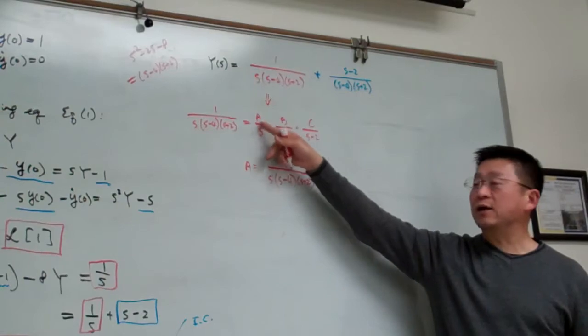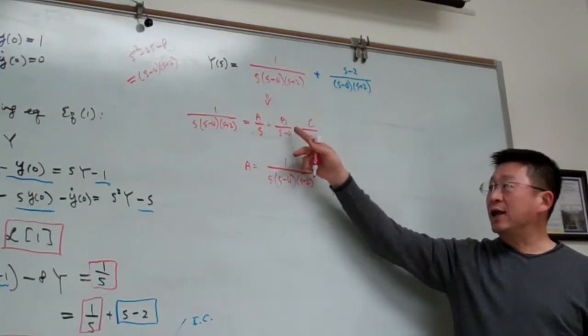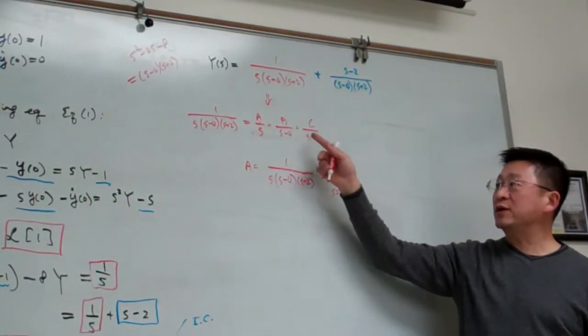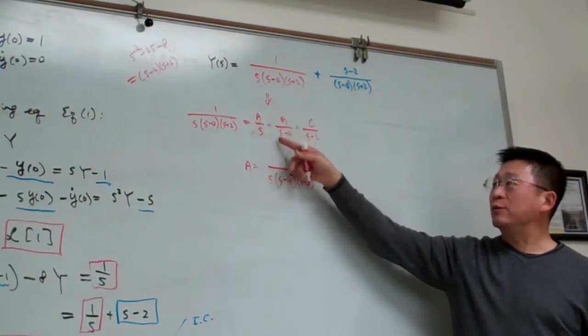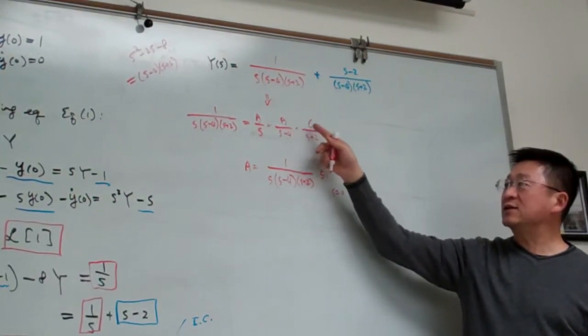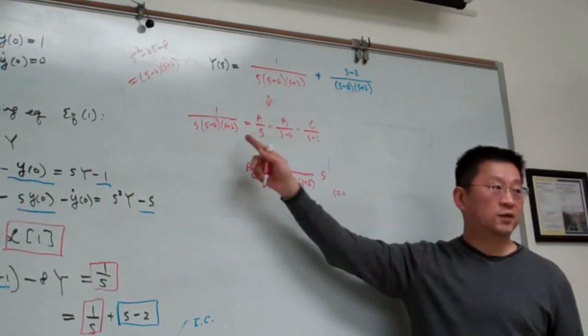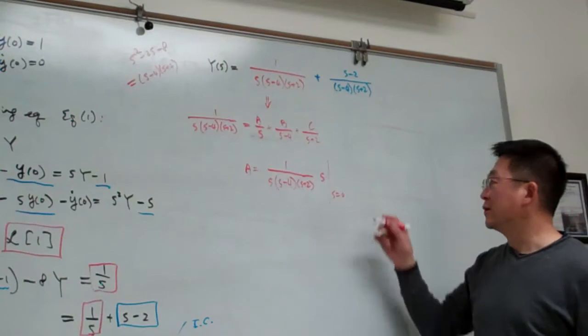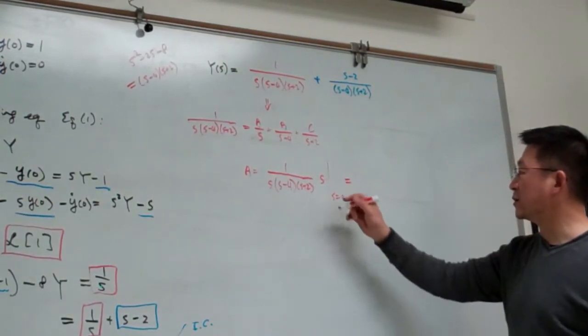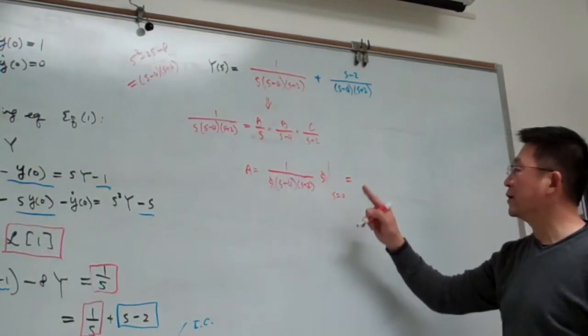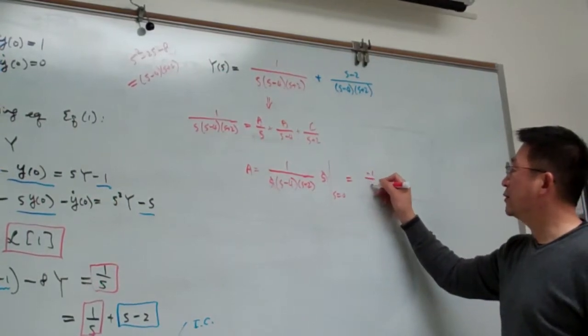In such a way, the A will stand out. And then to make the two terms disappear, that means when we multiply with s, that's s here, s here. So you simply make s equal to 0, the two terms will disappear, making the A stand out. Okay, so under these situations, this will be equal to, cancel this one, that would be minus 1 over 8.